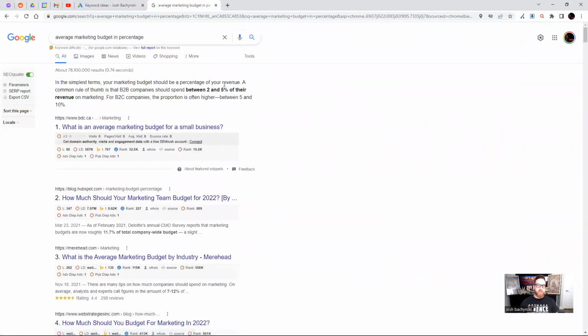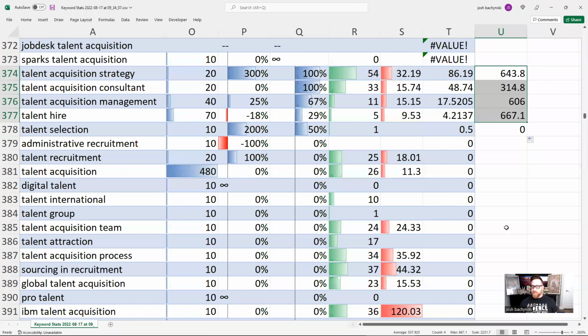So your marketing budget should be a percentage of your revenue. A common rule of thumb is that B2B businesses should spend 2 to 5% of their revenue on marketing. For B2C companies, the proportion is higher, 5 to 10%. Okay, so let's say 5%. Fine. Let's say at minimum 10% because that'll be easier.